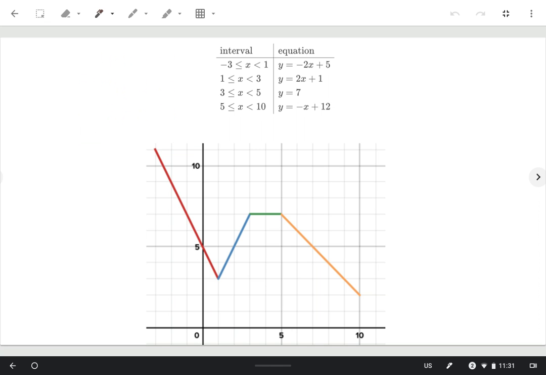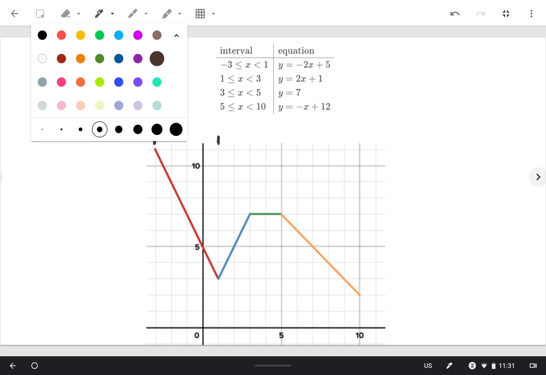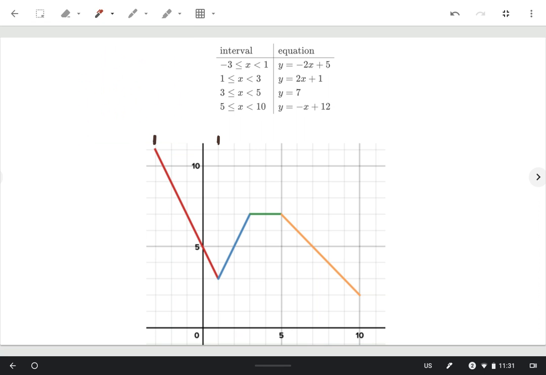The interval is saying, for the part of the graph I'm looking at, in this case the red section, what are the x values going into that?